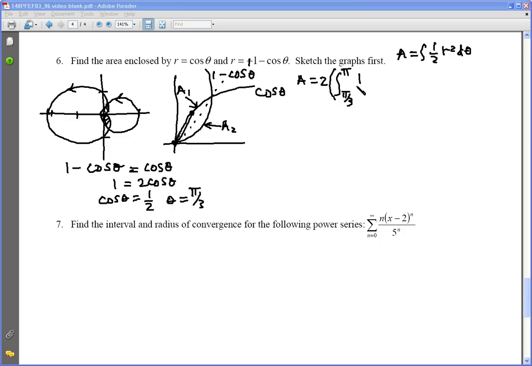And so this is going to be 1/2, and our r on area 1 is cosine. So this is going to be 1/2 cosine squared theta d theta, plus, and then the second integral, the cardioid, when it comes down here, we've got a horizontal tangent there.